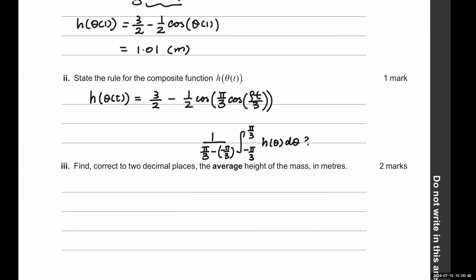Or should I actually deal with the time t? 1 over 30, integrating 0 to 30, h theta of t dt.